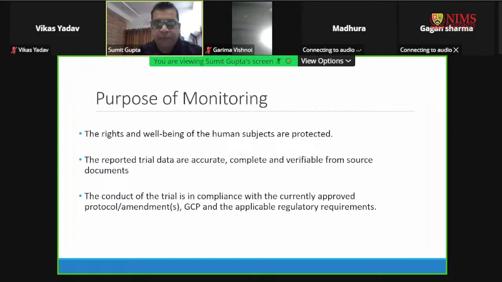Regarding the implementation of CAPA, it is important that the problem is defined, and the problems can be identified through various sources. The problem can come from customers as a complaint. It could be a process monitoring, like the previous speaker was talking about monitoring. So monitoring can also identify many issues or deviations.